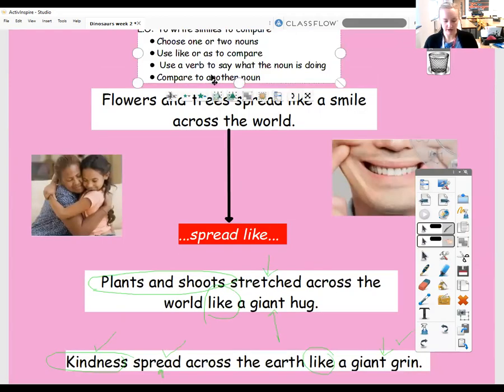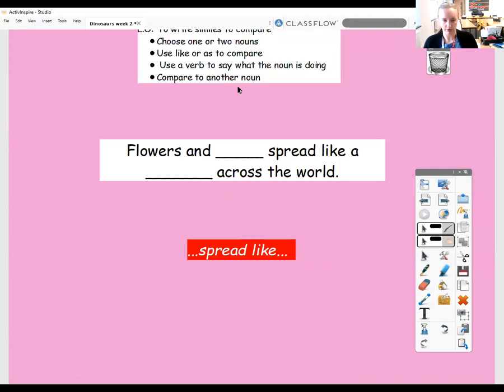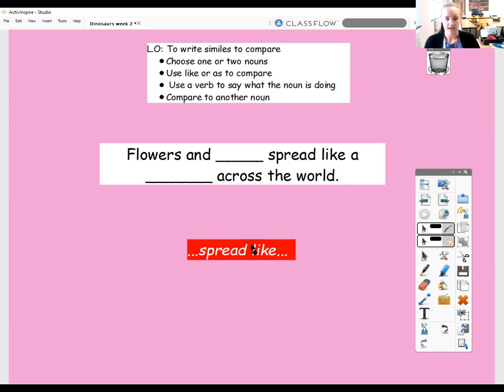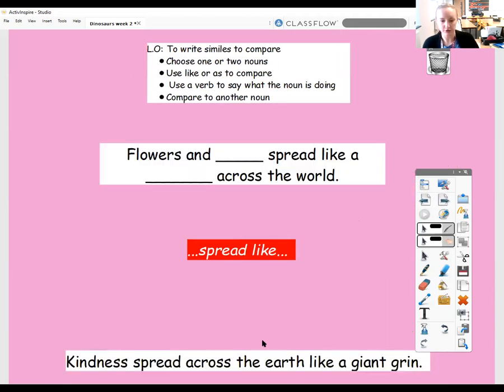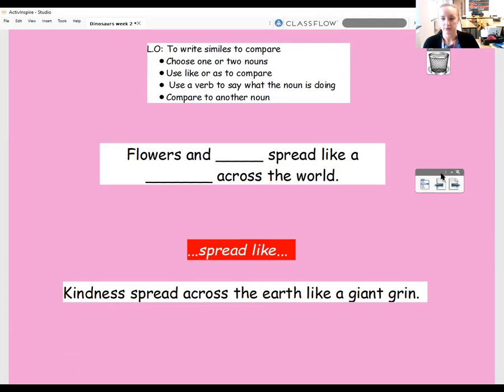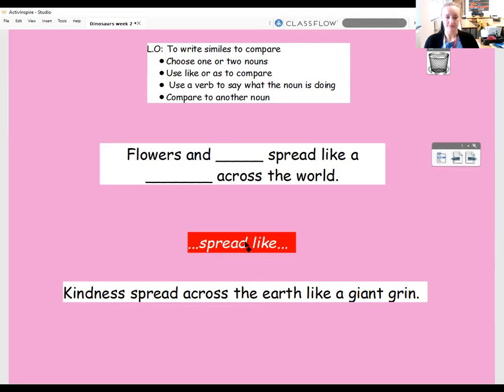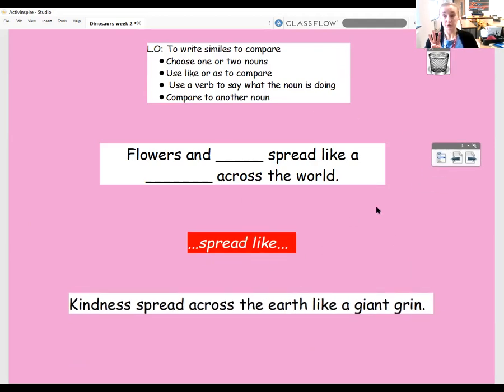I'll pop the success criteria at the top as well so you can pause it, and I'll put an example of mine at the bottom so you can have a look at all of these to help you with your work at home. Okay, so 3 comparisons using like.